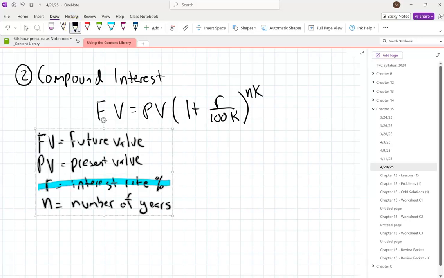That extra value is a K, which represents the number of compounds per year.